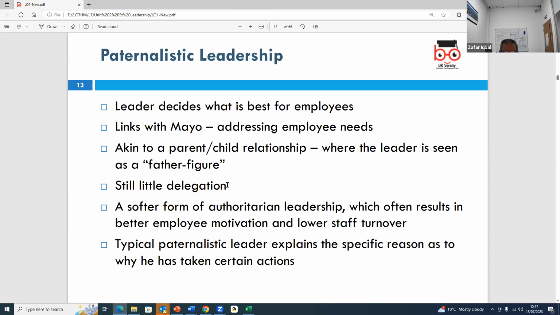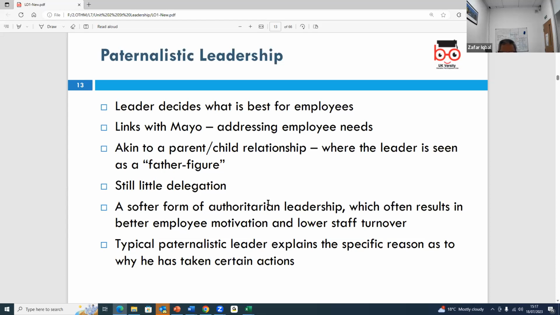This way, authoritarian leadership differs from paternalistic leadership because in this style there is a little delegation, whereas in the authoritarian, there is no delegation whatsoever, okay? But the leader decides what's best for employees, because they think that people are going to make mistakes, and therefore he keeps authority to himself.